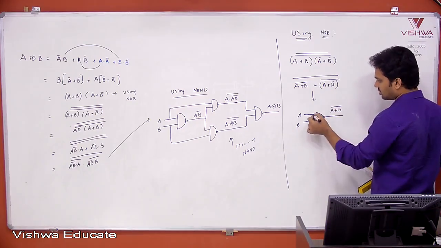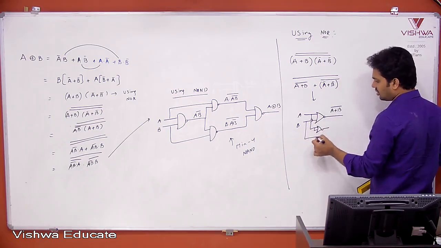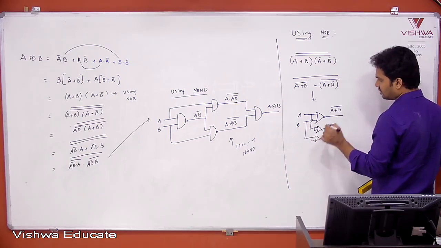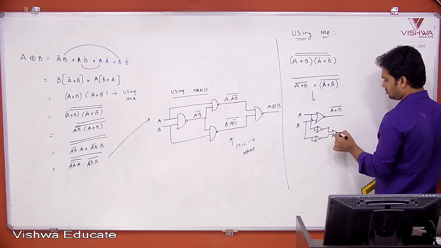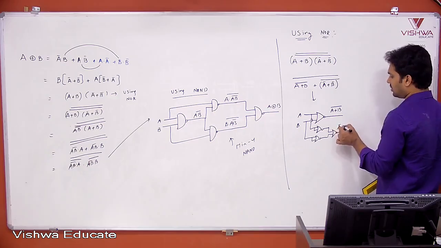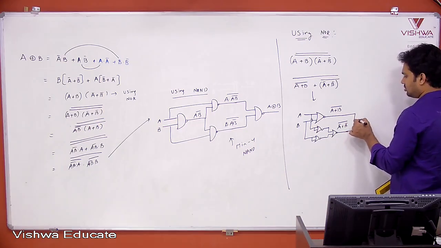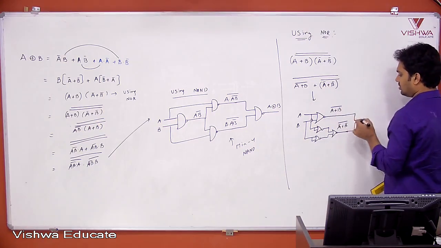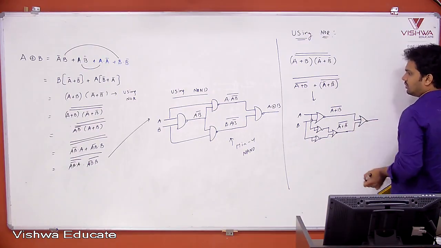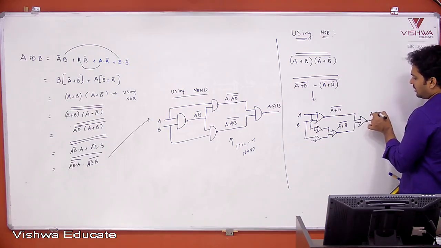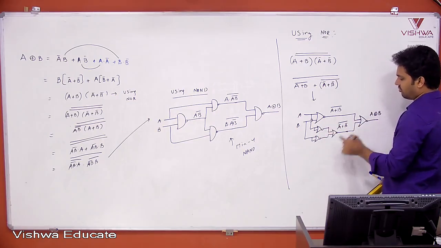How to get A bar? Take A, inverter using NOR gate only. How to get B bar? Take B, inverter using NOR gate only. Add these two, then A bar plus B bar whole bar. Now this plus this whole bar, which is A XOR B. Here how many gates? 1, 2, 3, 4, 5.